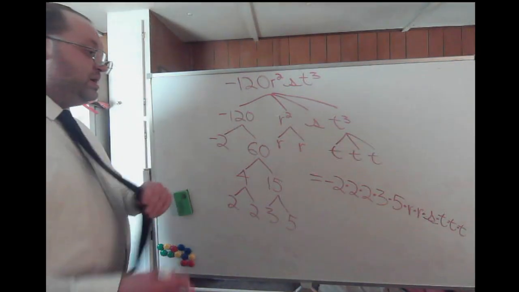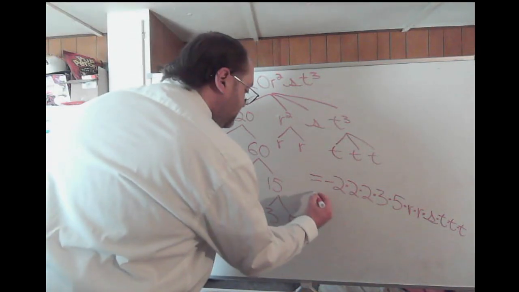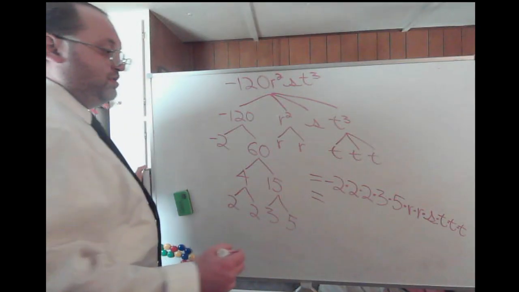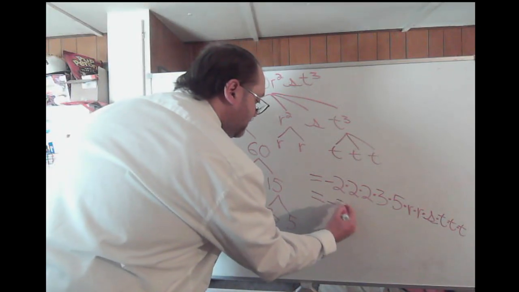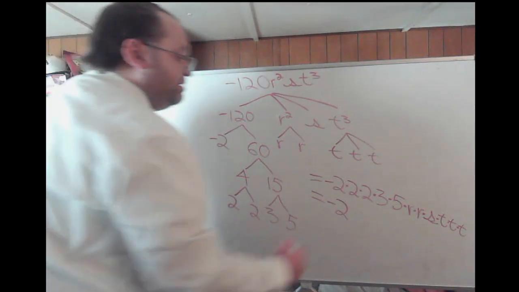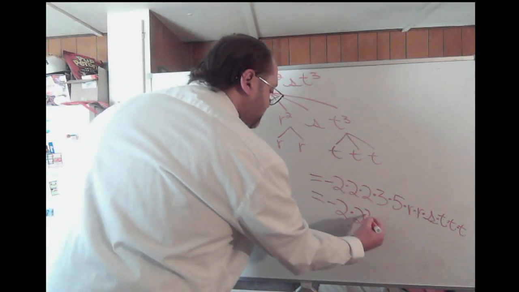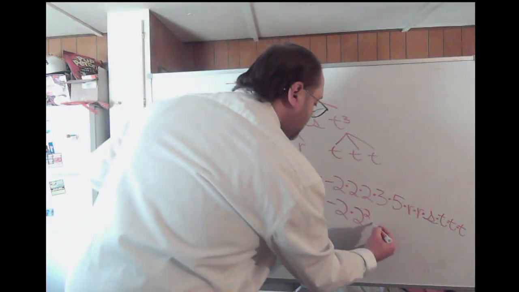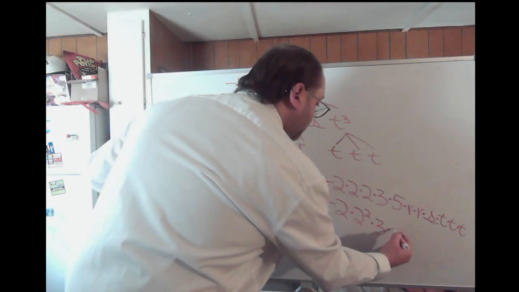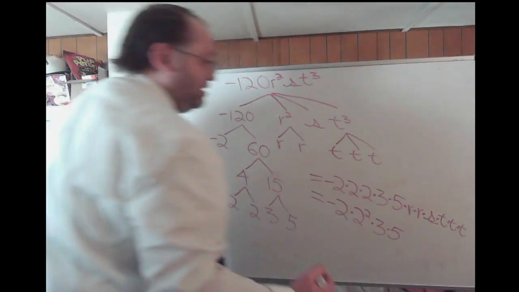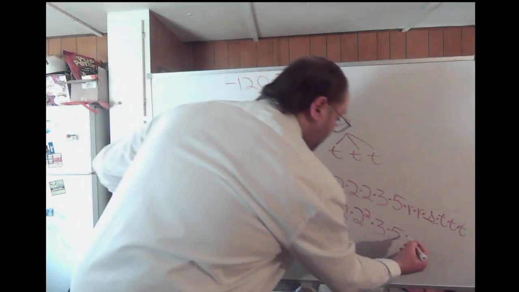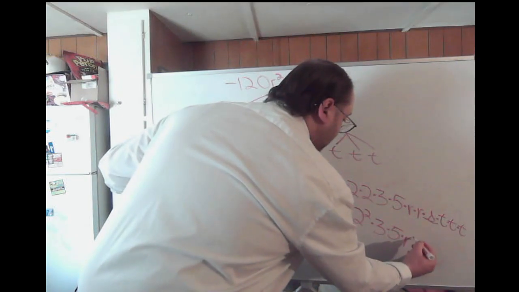Well, what I would do next is go through and look for multiples of the same number. Negative 2 is on its own. But you have 2 times 2, which would be 2 squared. So you have negative 2 times 2 squared times 3 times 5. R times r is r to the second power.